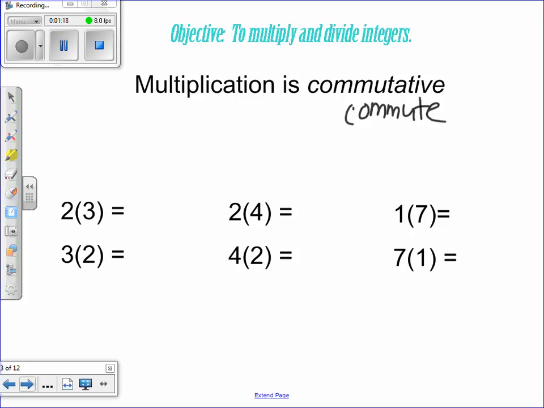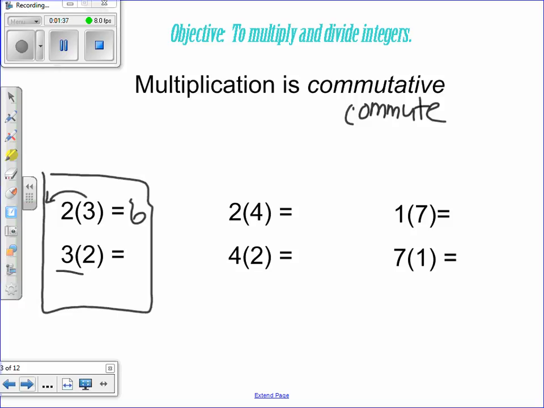Multiplication is commutative because if you have an expression that's only multiplication, the numbers can move to a different spot in the expression and you'll still get the same answer. So let's start with this example here. 2 times 3 is 6. If the 3 commutes to a different place and now it comes before the 2, we still get 6. 2 times 4 is 8.